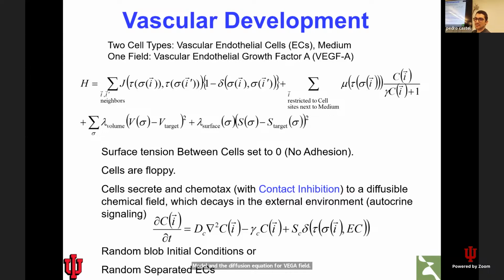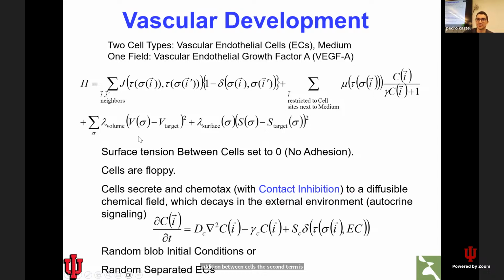This slide here, of course, we can spend half an hour discussing it, but what you can basically take away from this is that H represents the interactions of the cells. So for example, this first term is the adhesion between cells. The second term is chemotaxis.